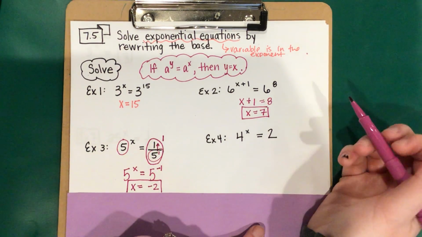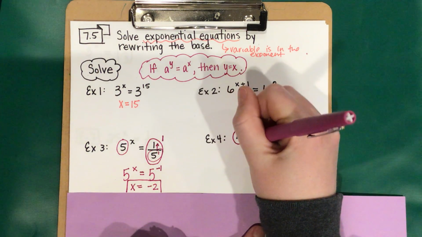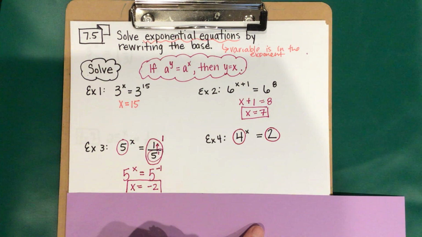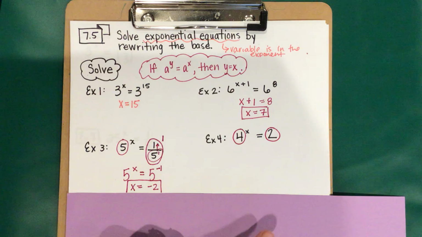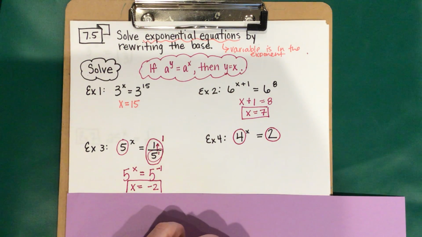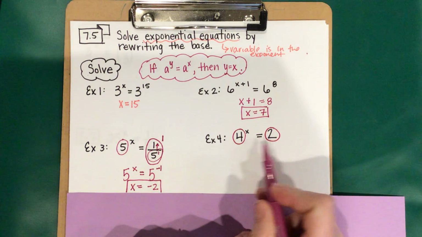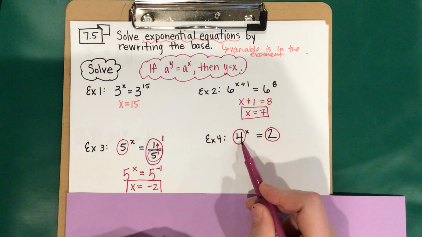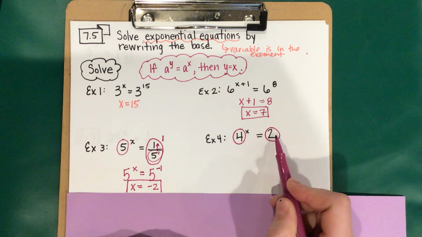Now, when I take a look at this one, right now, my base is 4, and here, my base is 2. So I need to figure out how I can rewrite them with the same base and maintain equality. So in a problem like this, my smaller base is 2, so I want to see, can I rewrite 4 so that its base is 2?